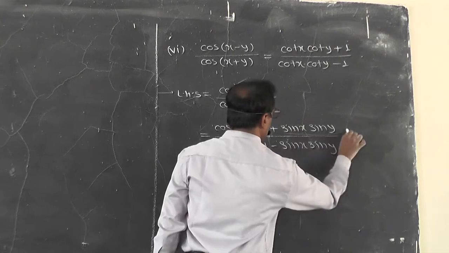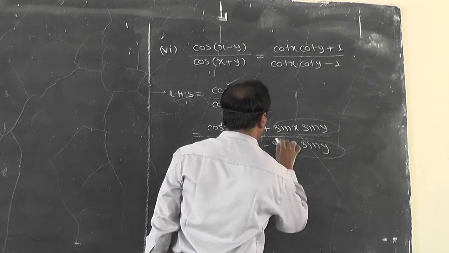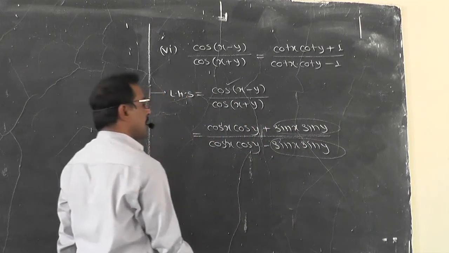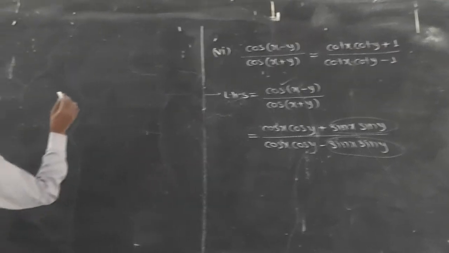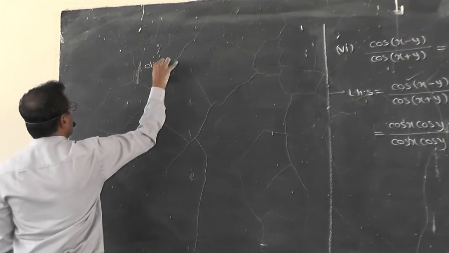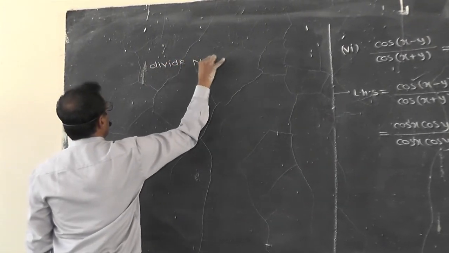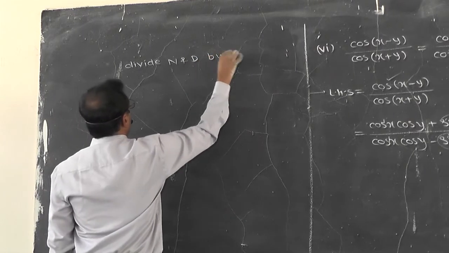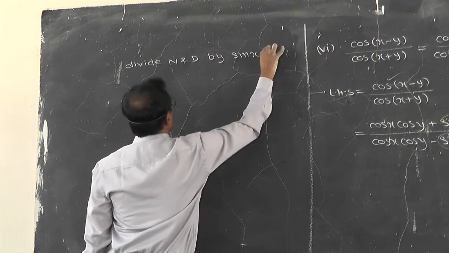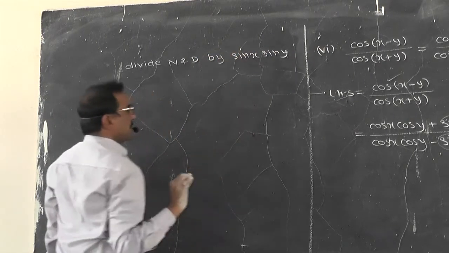So in order to get the answer, we have to take a common quantity from numerator and denominator. Or another idea is like this: divide numerator and denominator by sin x into sin y.